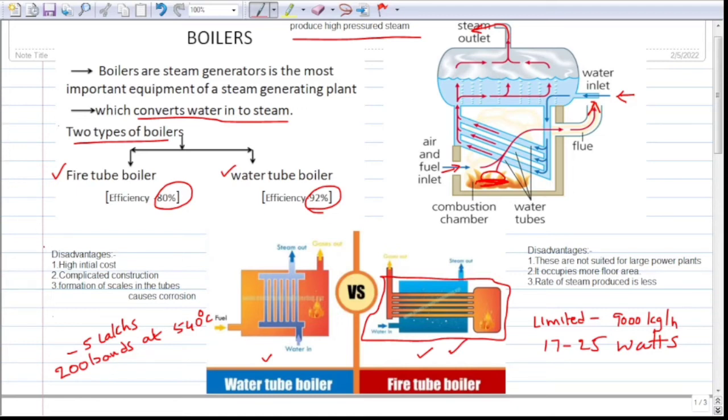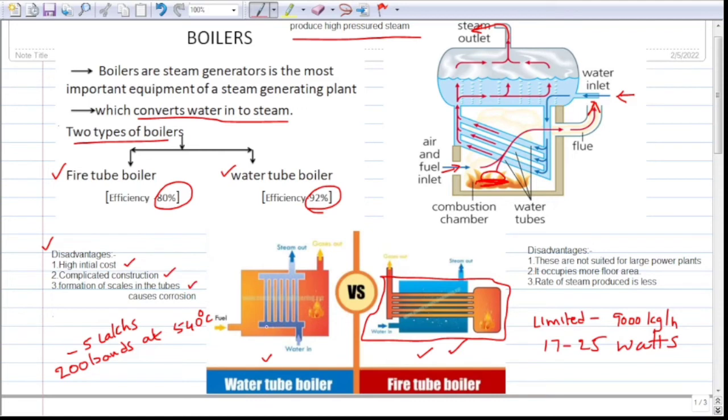Regarding the disadvantages of water tube boilers, they have a high initial cost, complicated construction, and the formation of scaling in the tubes causes corrosion.